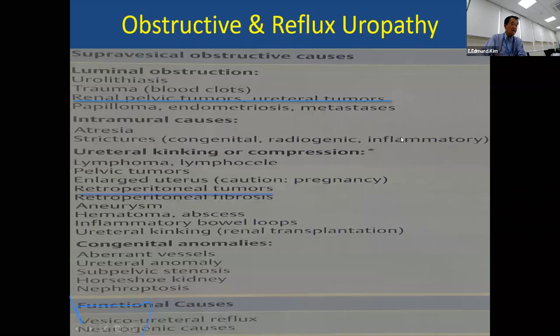And uric acid nephropathy, certain drugs, and infections: tuberculosis, aspergillosis, etc. So if you have obstruction or reflux uropathy, supravesical means anything just above the bladder obstruction. And ureteric kinking, also retroperitoneal tumors, and congenital causes. So it's a mechanical obstruction versus what we call functional obstruction. Usually the ureter is peristaltic.